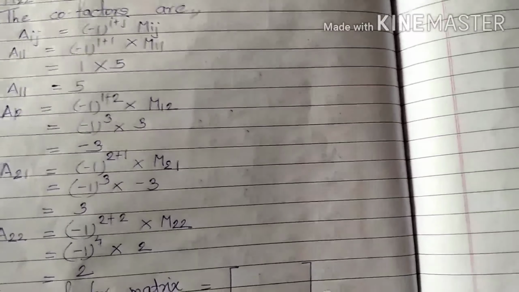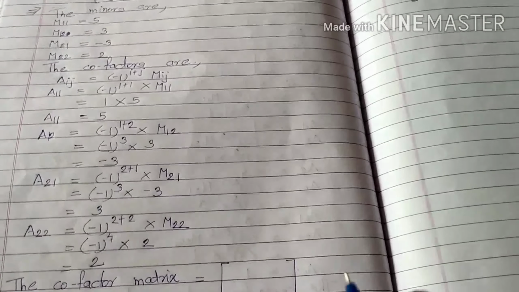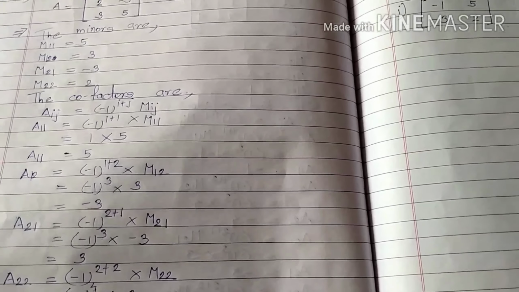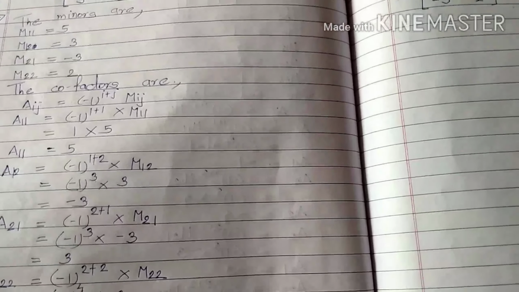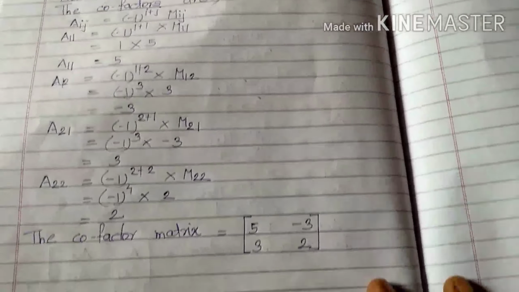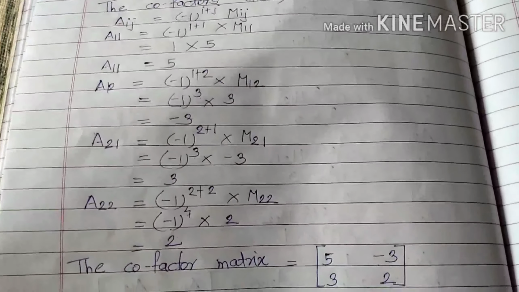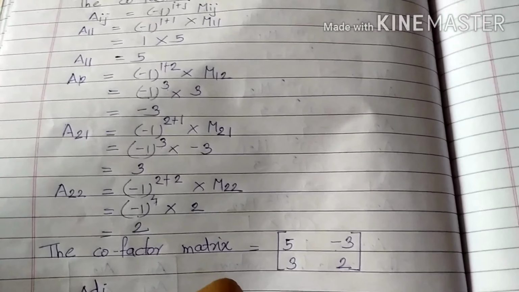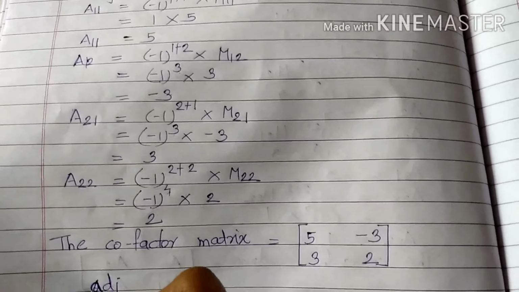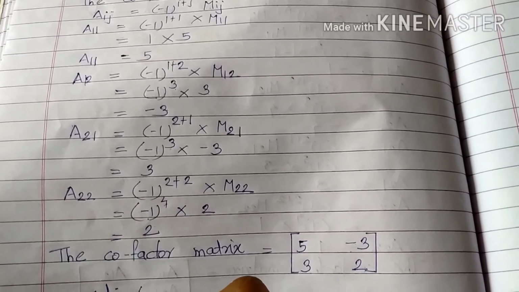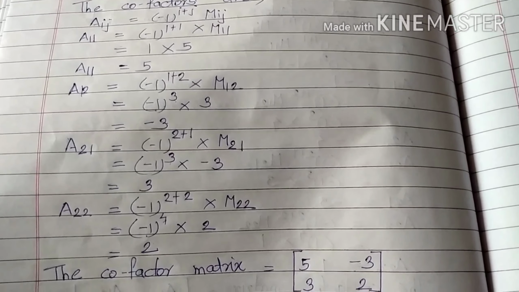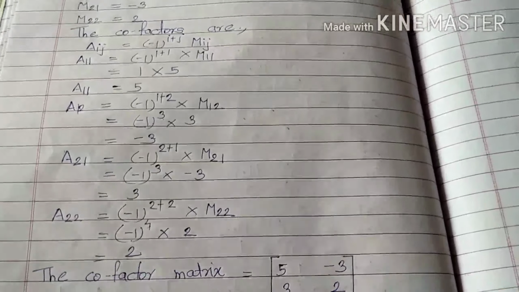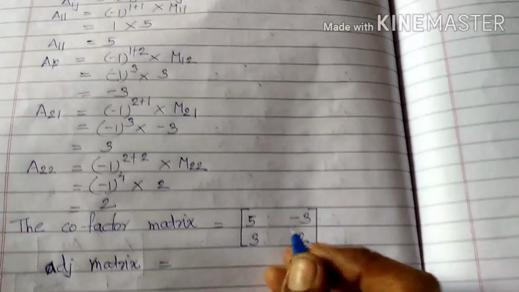Now you can put directly values. A11 is equal to 5, A12 is equal to -3, A21 is equal to 3, A22 is equal to 2, and your required adjoint matrix, transpose of cofactor matrix.